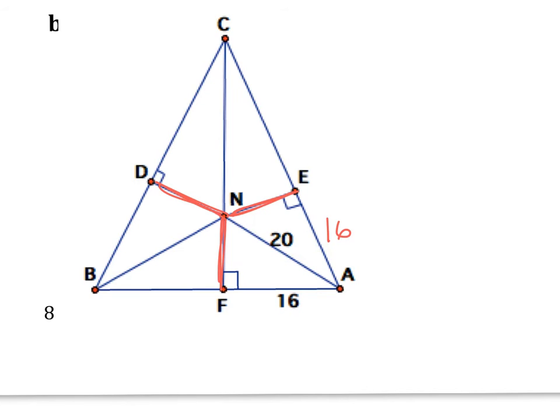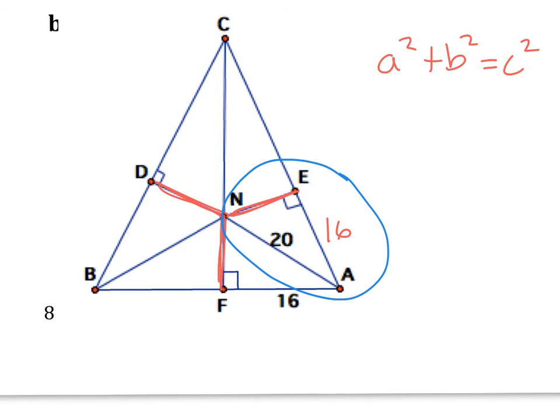A squared plus B squared equals C squared. Good job. Okay, so he's looking at this triangle, and he sees, oh, that's a right triangle. Okay, so now, which one is the C? 20. Very good. Okay, so now we've got 16 squared plus B squared equals 20 squared.